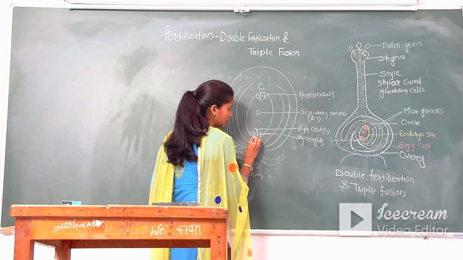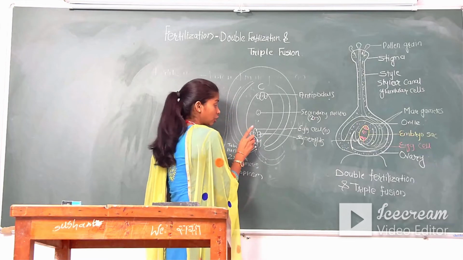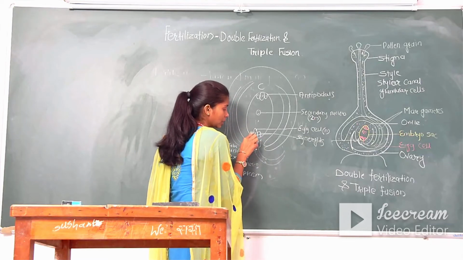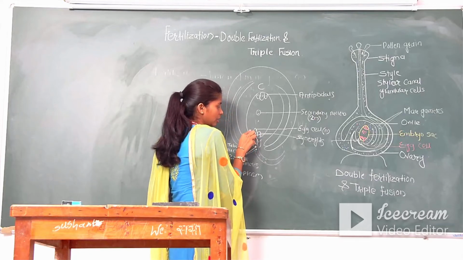As soon as this pollen tube ruptures the wall of the synergid, the cytoplasm of this synergid will be released.